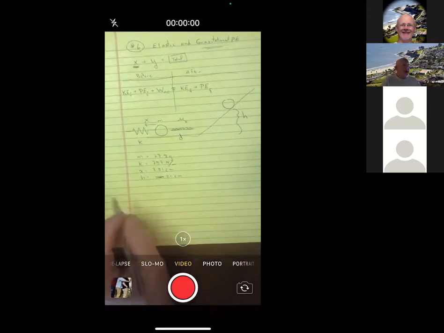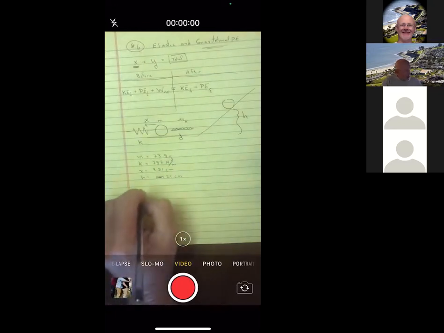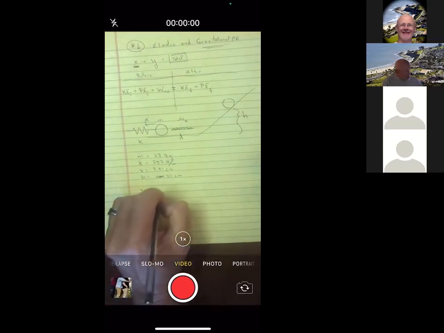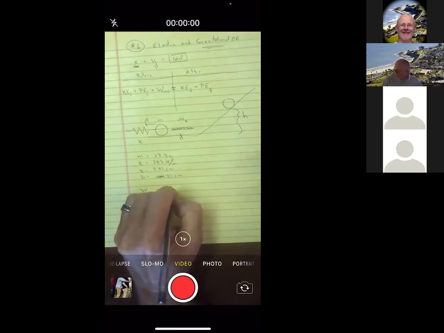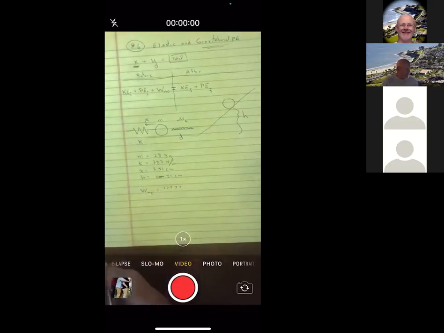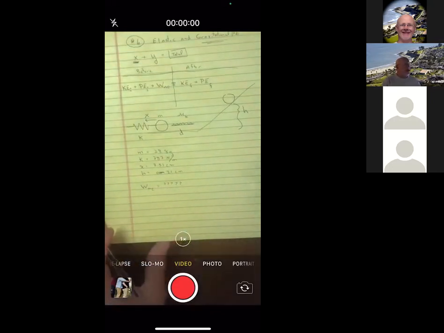And the question is, how much work is done by the non-conservative force? Now, the problem even helps us out by saying it's going to be a negative number. So we're going to find this, and hopefully we're going to get a negative number.